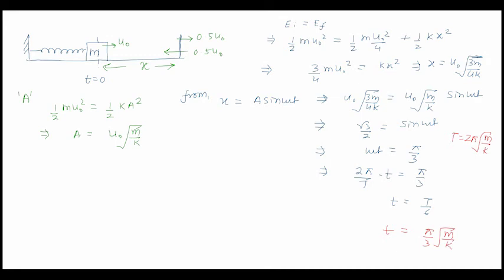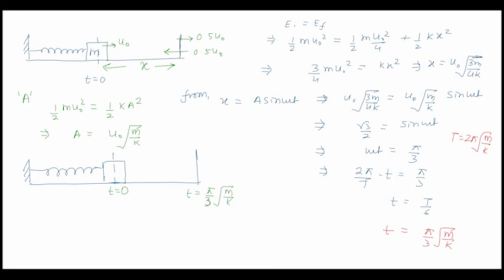Now we can understand it in this way: during the motion, if we consider the setup like this, this was the mean position, and the time it takes to reach from here to here, from t equal to 0, it reaches here at t equal to pi by 3 root over m by k.